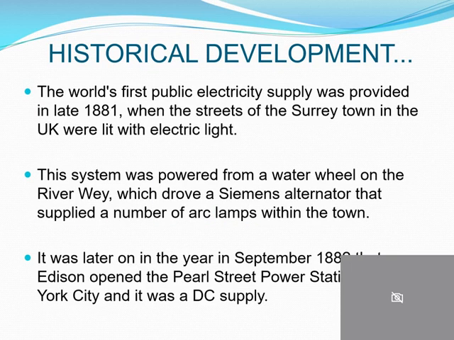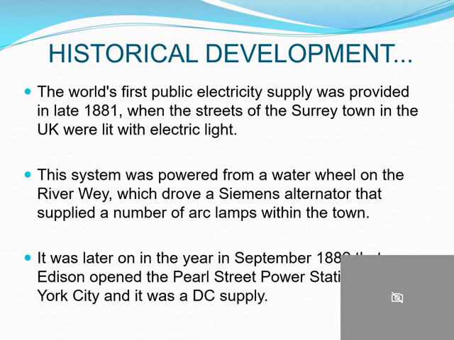The first public electricity supply was provided late in 1881, and it was street lighting in Surrey town in the UK. The system was powered from a water wheel on the river, which drove a Siemens alternator that supplied a number of lamps within the town.